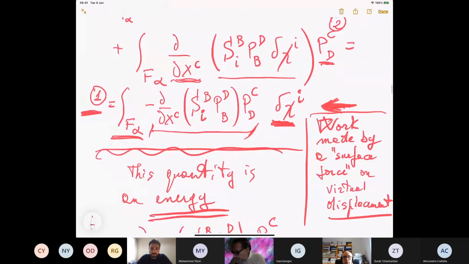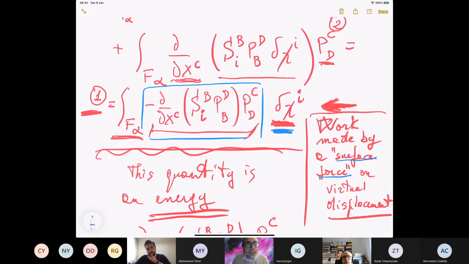So what we have in this box here is a surface force, because the integral of this quantity in the blue box, after having multiplied it times a virtual displacement, gives you an energy.